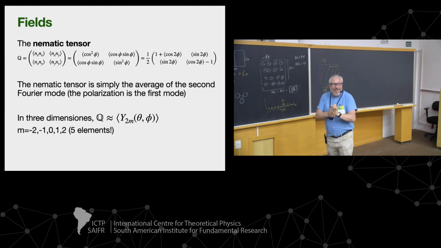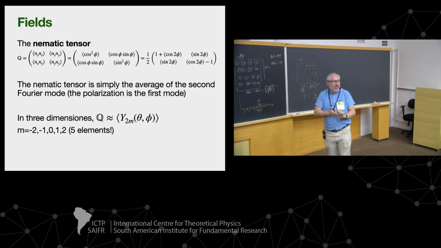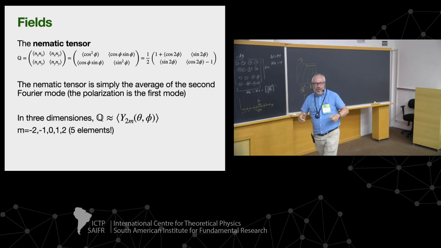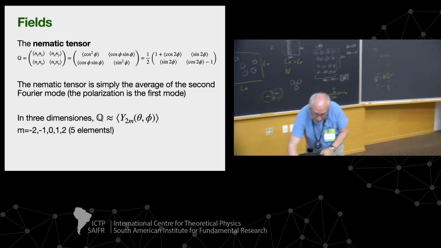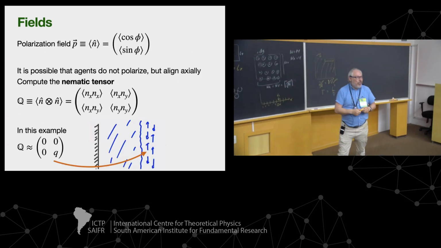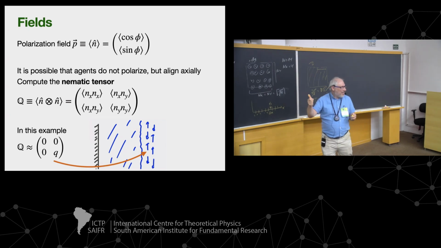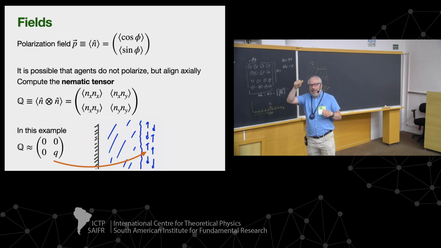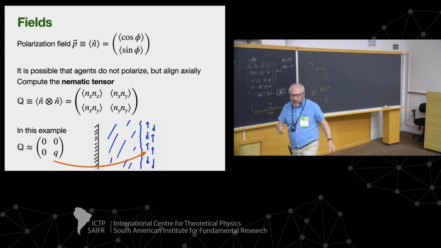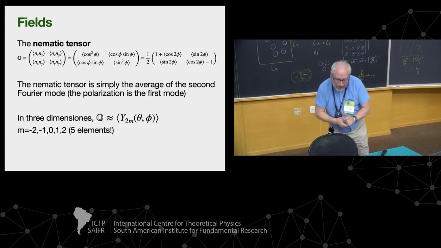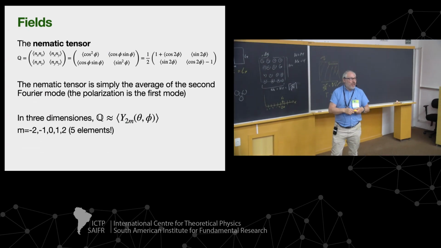Okay, so the nematic tensor, now when you see it like this, is nothing more than the average of the second Fourier mode, cos of 2 phi, sine of 2 phi. The polarization vector is the average of the first Fourier mode. So you have the density, that is the average of 1, the polarization vector, that is the average of the first Fourier mode, and the nematic tensor, that is the average of the second Fourier mode.